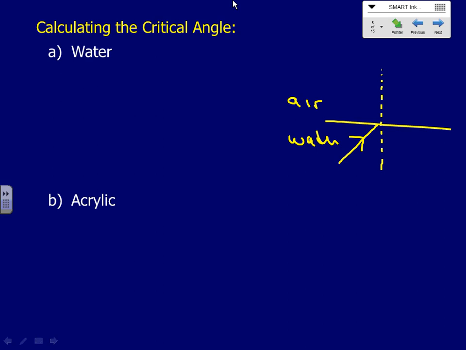If this is a critical angle, where's the refracted ray? Where's the refracted ray? Kayla, what do you think? It's towards, that's the normal, that's the surface. Correct. It's traveling along the surface.